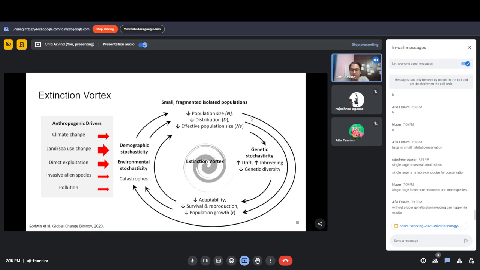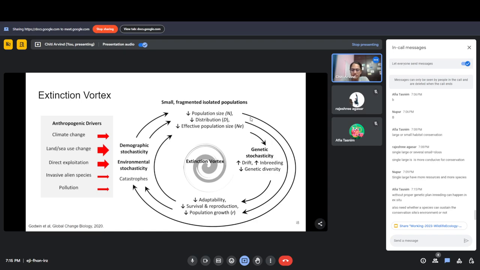Inbreeding can happen ex situ, right? Also, we need to know whether a species can sustain the conservation site's environment or not, right?